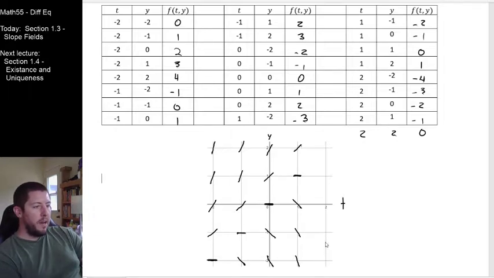And finally, over here, when t is +2, I'm going to get this very steep -4 slope, and then a -3 slope, and then a -2 slope, and then a -1 slope, and then a 0 slope right here. So there we go.